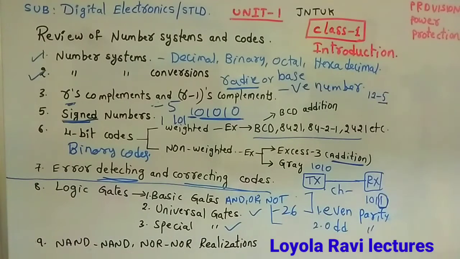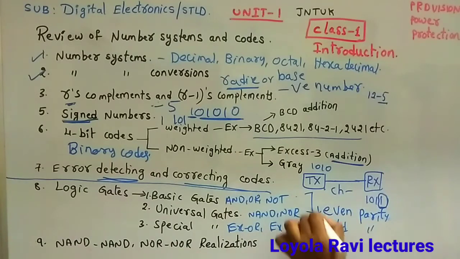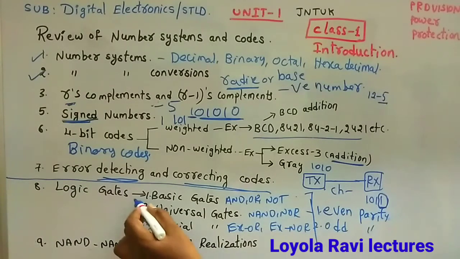And then universal gates, those are NAND, NOR. And last one, special gates. These are exclusive OR and exclusive NOR, XOR and XNOR. These are special gates. Special gates, universal gates, basic gates.